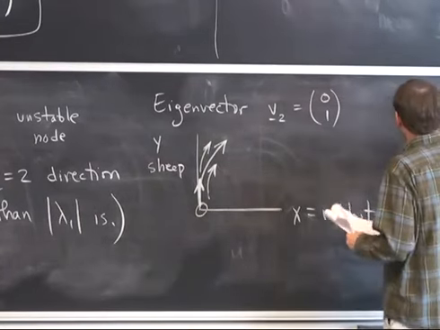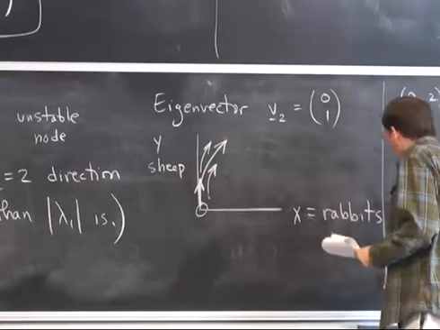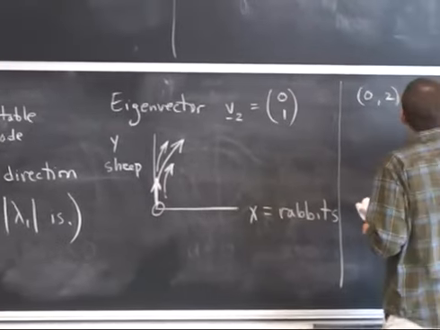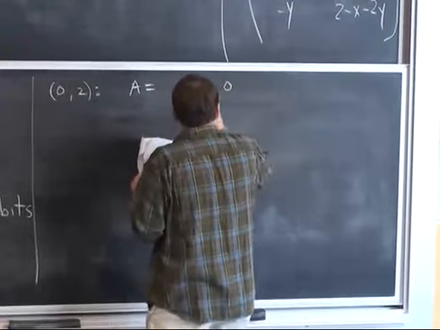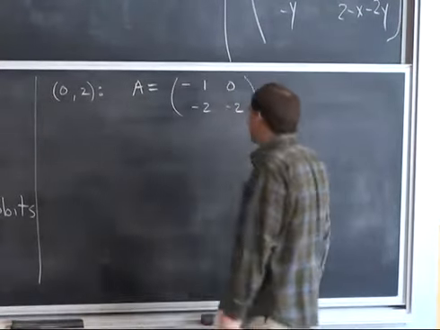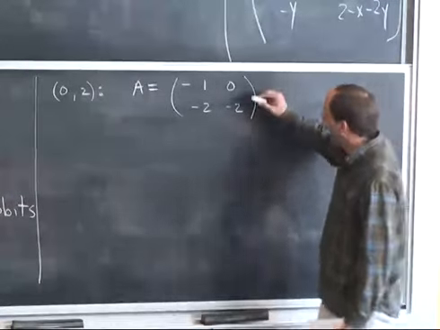That was 0, 0. How about 0, 2? So near there, at that place, the Jacobian comes out to be -1, 0, -2, -2. And that matrix is triangular.